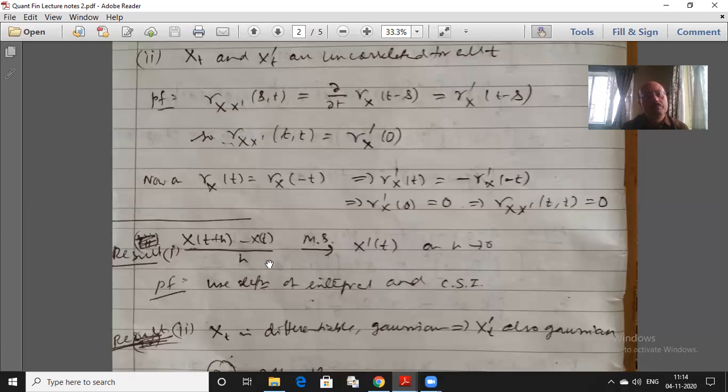So if I substitute that integral definition in place of x, then this is an integral from t to t plus h over x prime. And then I look at the limiting property of that 1 by h integral. For establishing this convergence, at some point you will need the Cauchy-Schwarz inequality.